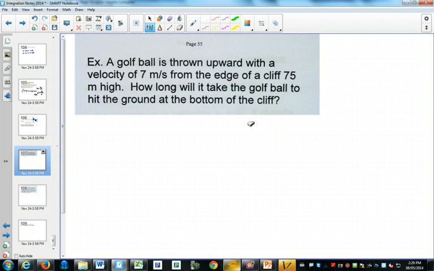The thing you need to know is the derivative of displacement is velocity, the derivative of velocity is acceleration, and you do need to know about gravity, that acceleration. So we need to know that acceleration is negative 9.8 meters per second squared.